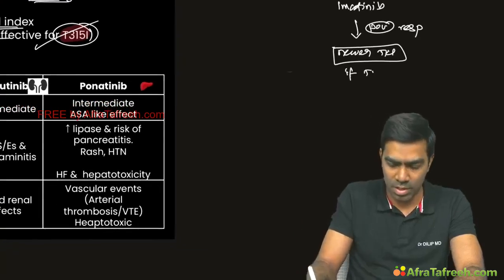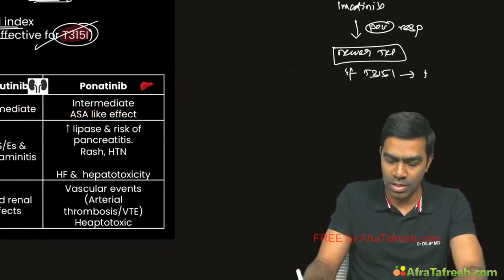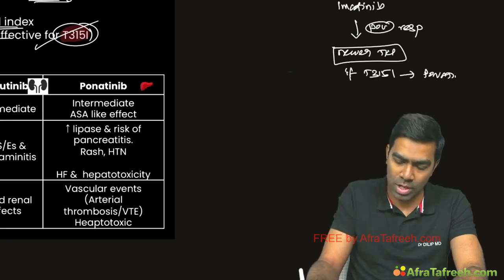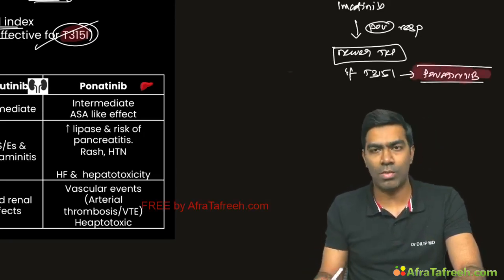But remember, before switching over, always check for the mutation. If the patient is having T315I mutation, the only drug that we can use is ponatinib. It's a very important question for exam. The only drug I can use is ponatinib if the patient is having the lethal T315I mutation.